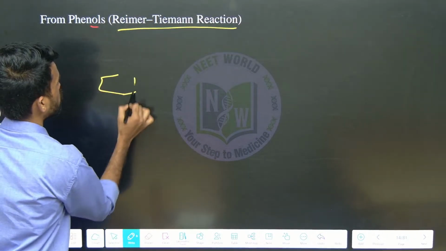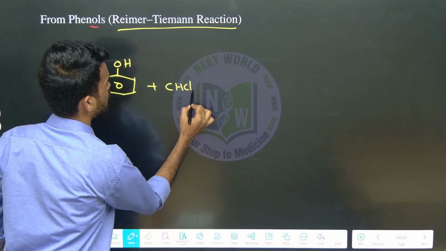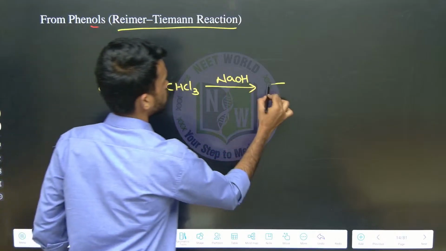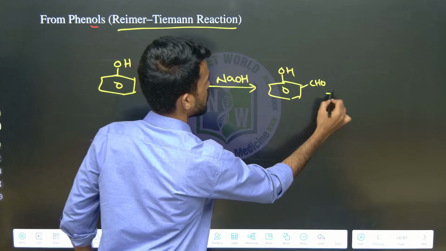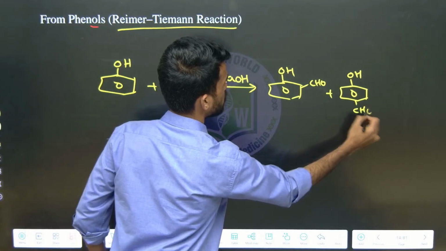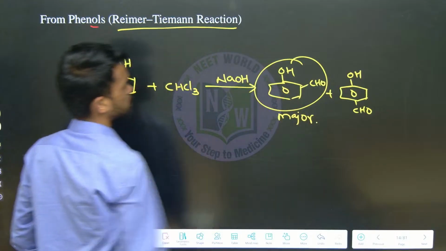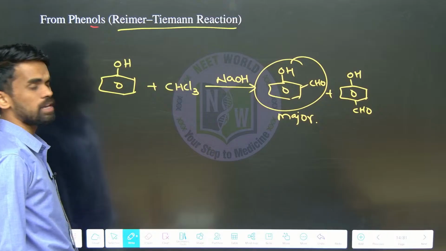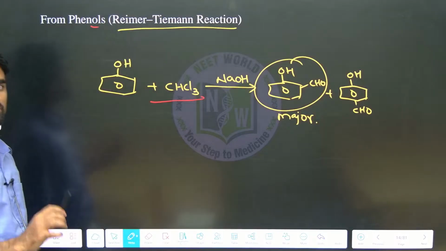Chloroform is treated with phenol in presence of a basic alkaline medium like NaOH, and this gives you ortho-salicylaldehyde and the para one, like this. But the ortho is the major product due to hydrogen bonding. These things were discussed even in the last class, in yesterday's problem discussion of alcohols, phenols, ethers. I explained the Reimer-Tiemann reaction using PYQ questions.